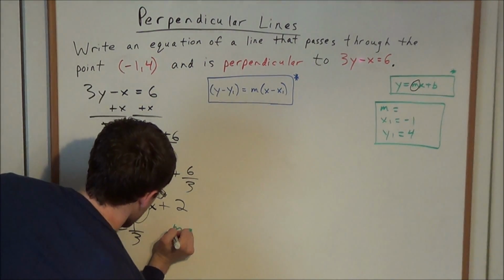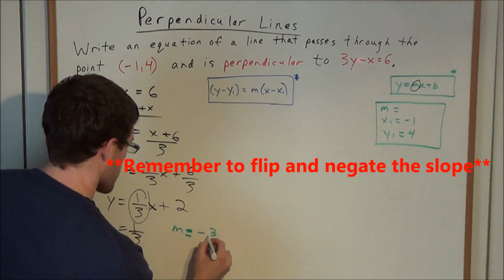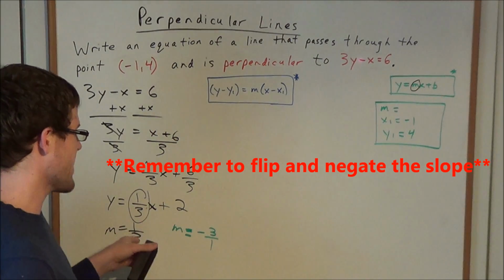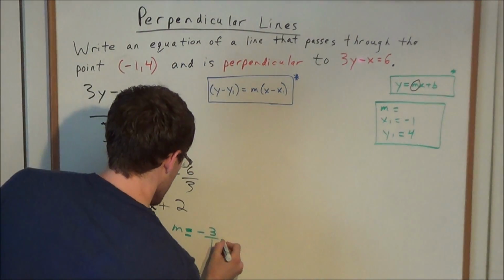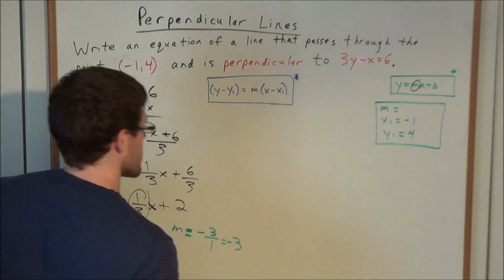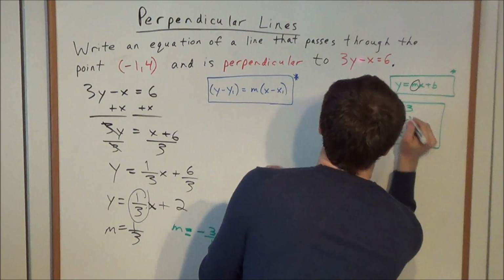The negative reciprocal of 1/3 is equal to -3 over 1. We negate it and we flip it. This reduces to simply -3, so our m is equal to -3.